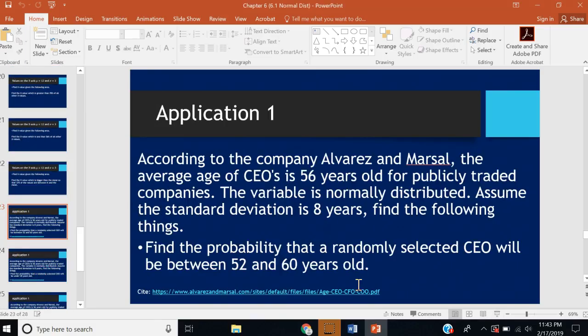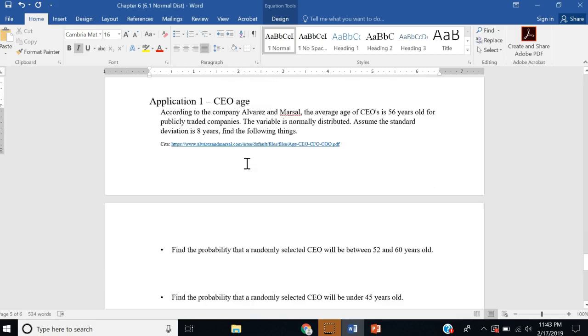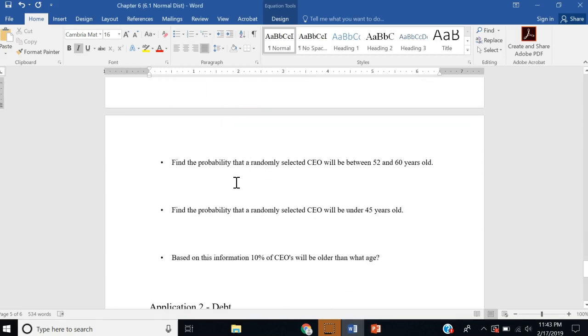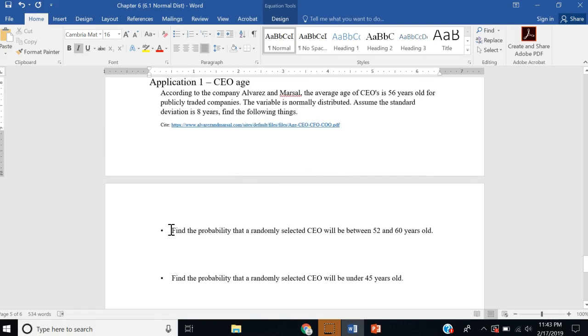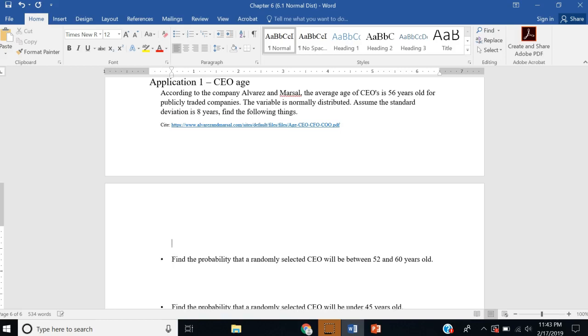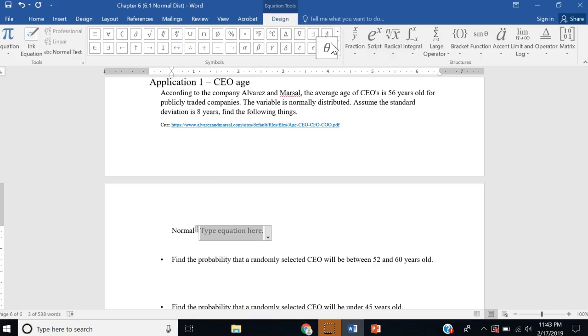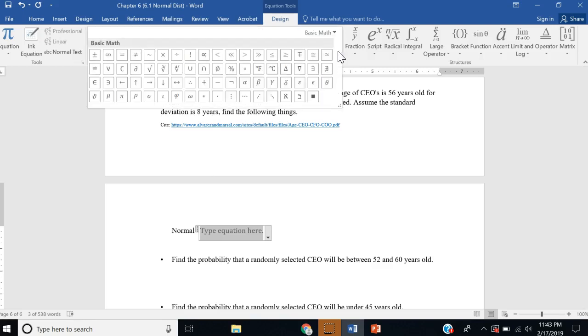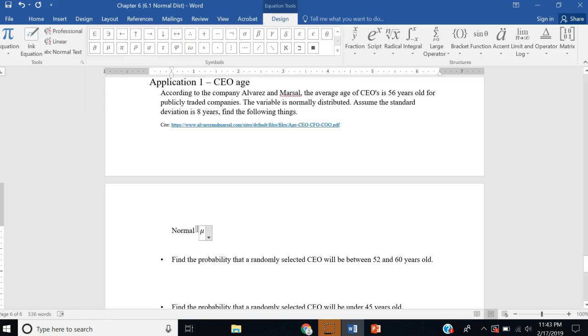So here's how I would explain it. For all of these, we know things are normal. We know we have a bell-shaped curve. We also know that our average here is 56 and our standard deviation is 8, because that's just given to me in the problem.